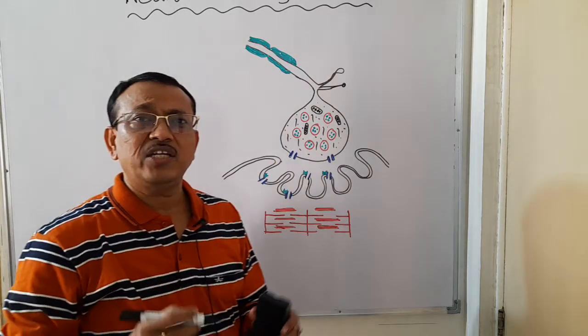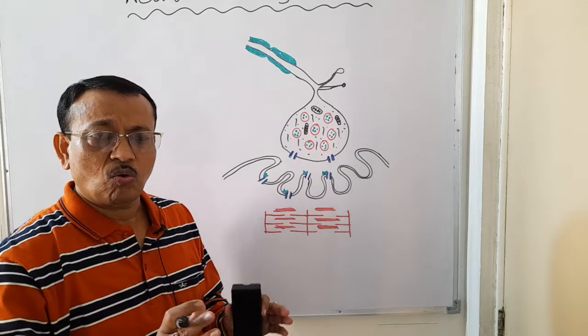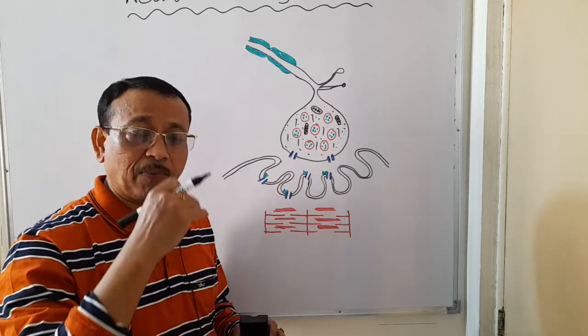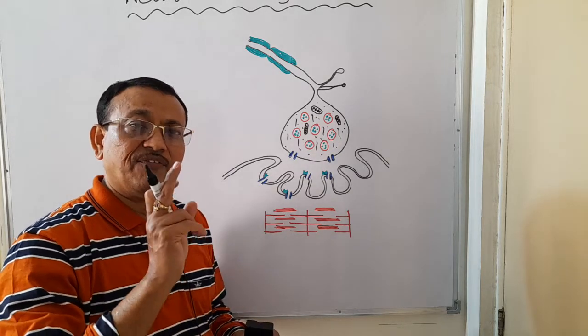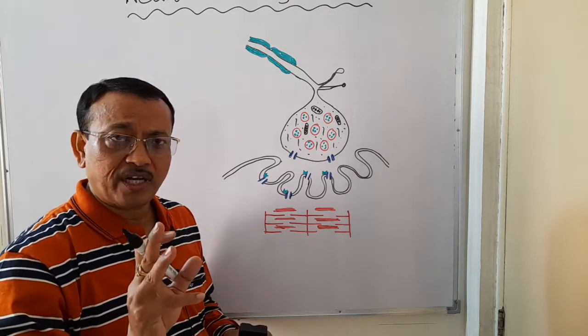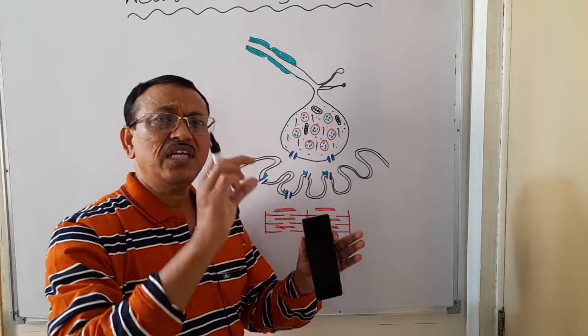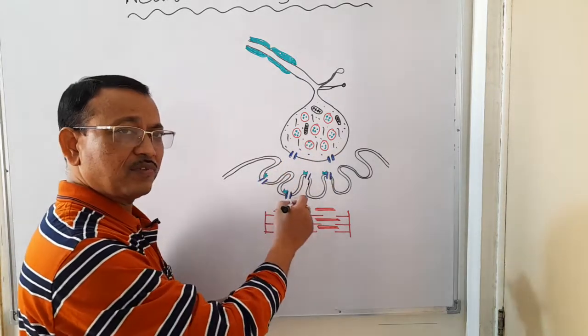So this is the neuromuscular junction structure. Obviously the neuromuscular junction comprises three parts. One is the part of the neuron that supplies that particular muscle. The muscle, that is the effector organ, is the second component, and the third component is a gap in between the nerve and the muscle.